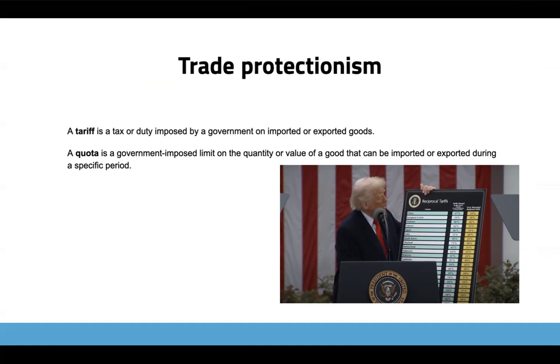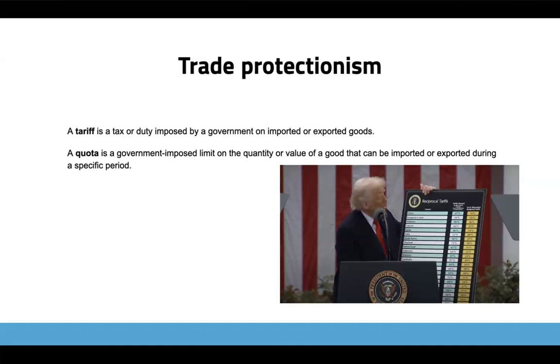However, there are some issues. Firstly, there's obviously less choice because you cannot choose from products from other countries. And there's also what's been very much happening with the $16 eggs, inflation. Because a lot of the time, the cost of the tariff, the cost of the tax is placed on the consumer and not on the importer.